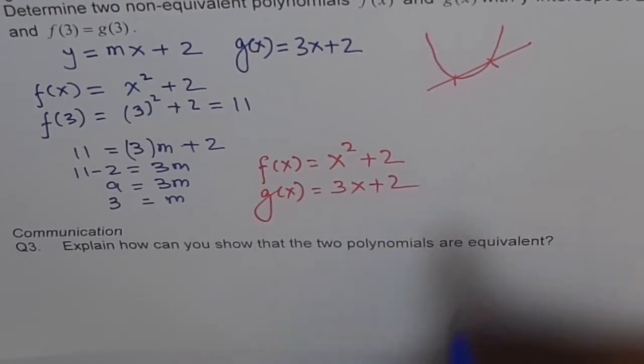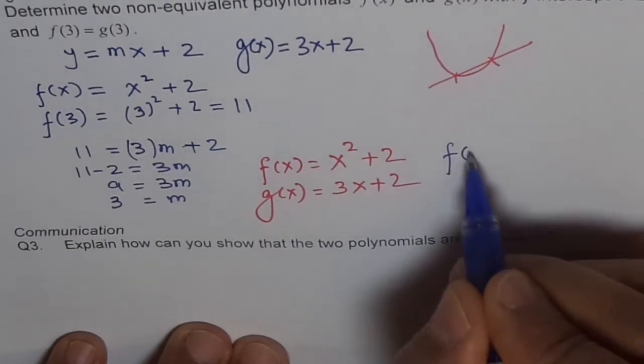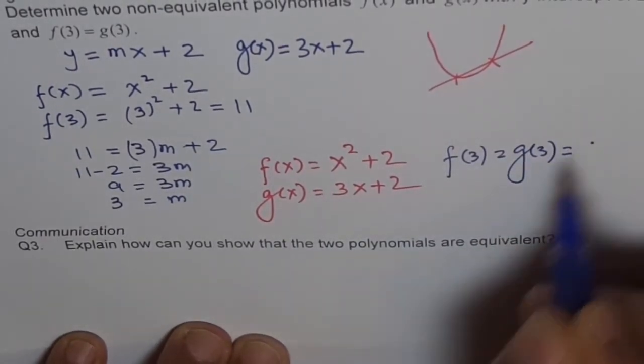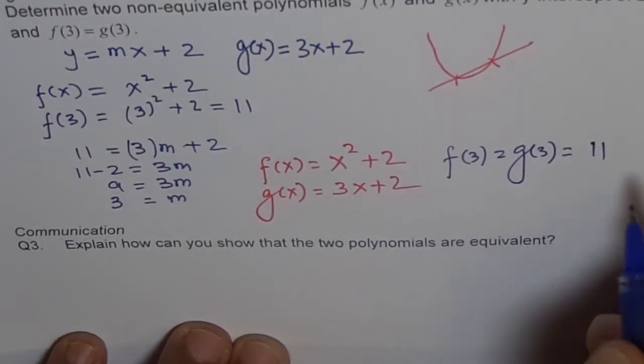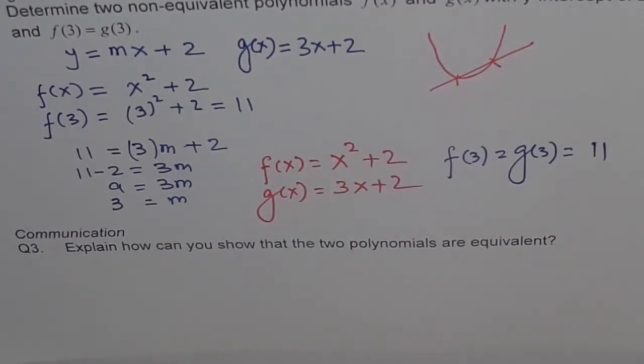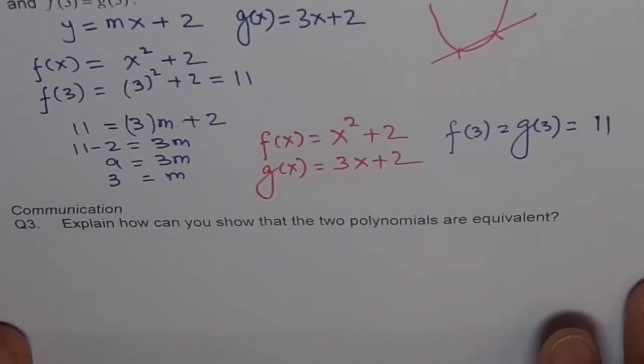So their value at g(3) or f(3) is equal to 9 plus 2, 11. Do you see that? So that's how you can find the equations of two different polynomials which have the same common points, correct?